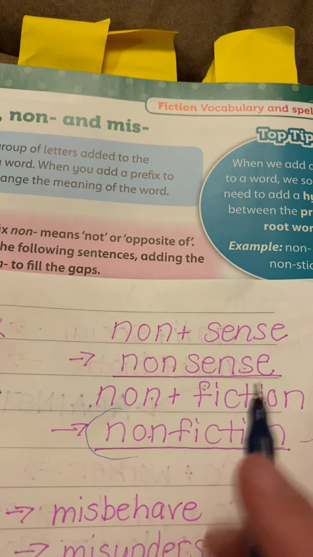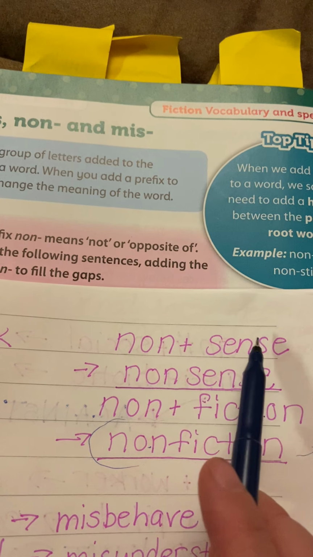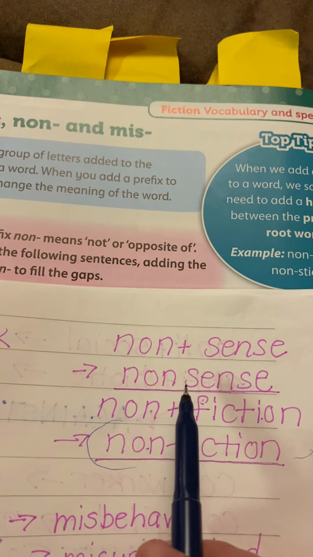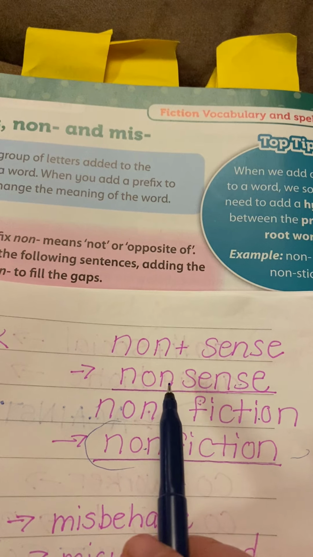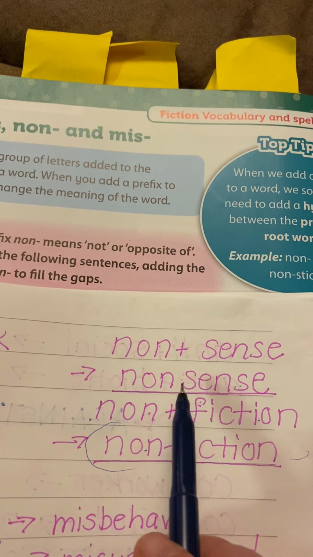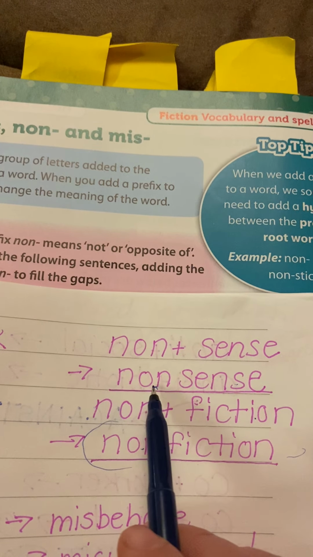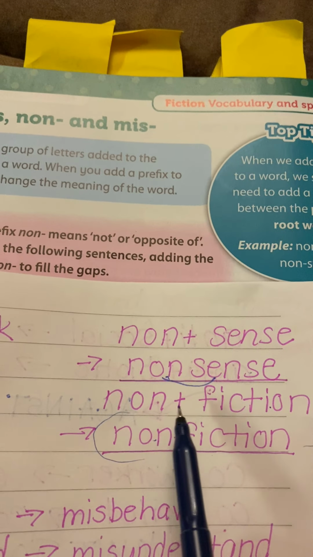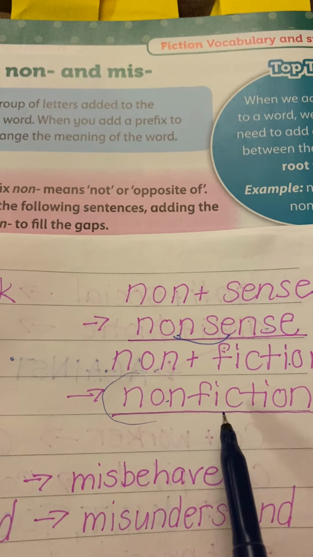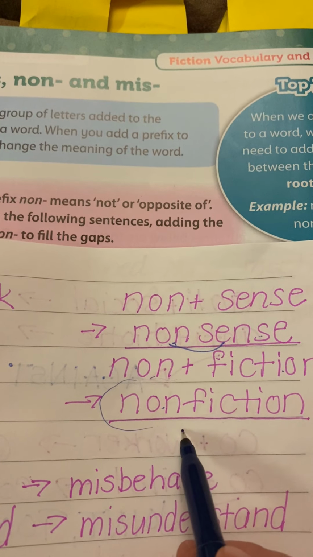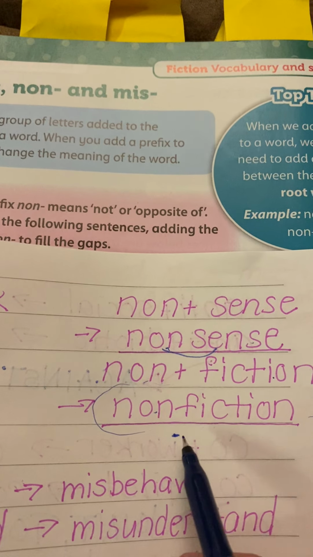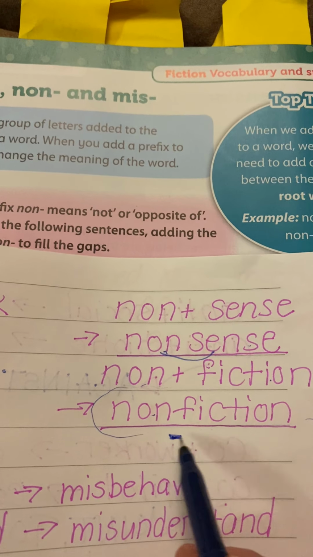Okay, here's a couple of other ones. Non plus sense, you get nonsense. There's no hyphen between this root word and this prefix. It's written all together. Nonsense. Okay, non plus fiction, non-fiction. Sometimes you might see non-fiction written with the hyphen, and that's correct also.